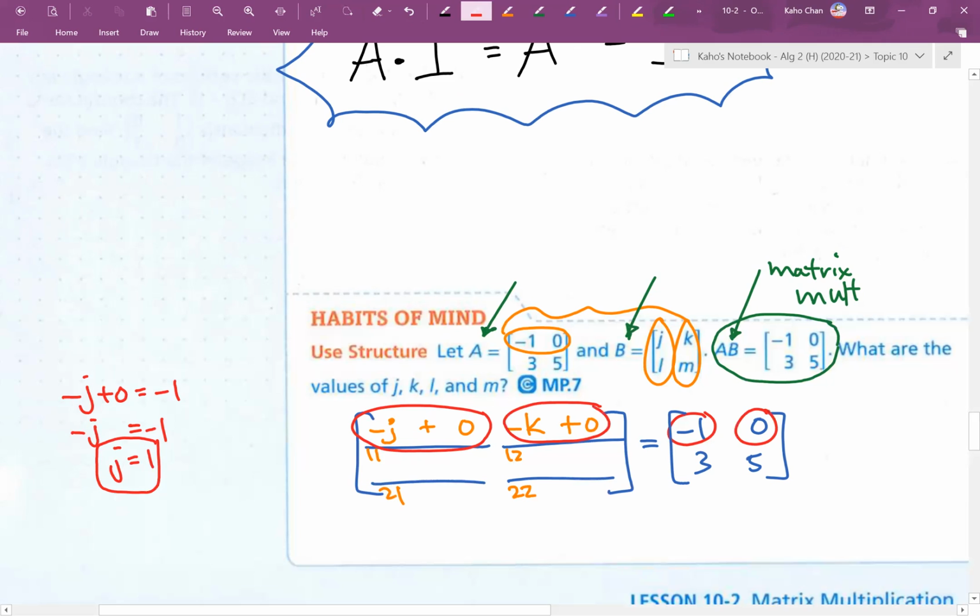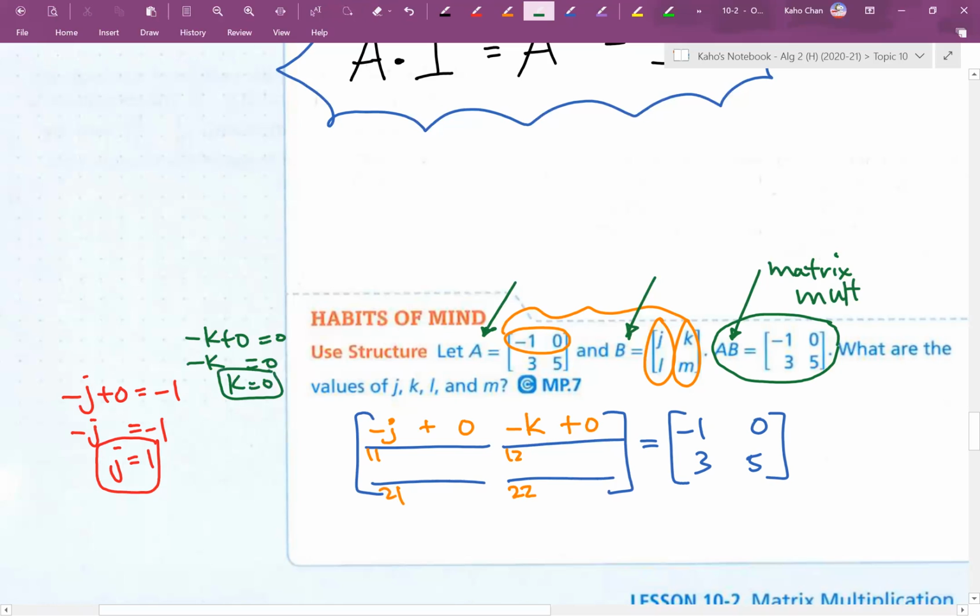Maybe I shouldn't be circling these to confuse the heck out of you guys. I'm just doing the corresponding values, okay? So right there, -K plus 0 as a second setup equals 0. K equals 0. Bam, there's my second answer right there.